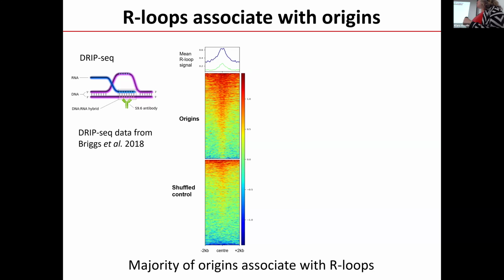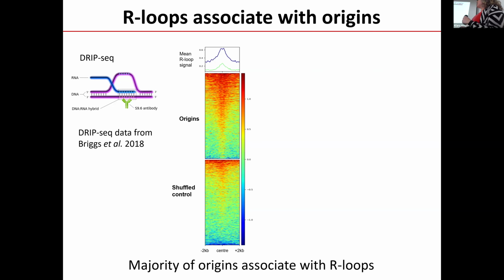We also looked for the association of R loops around our origins. R loops are structures where you have an RNA fiber hybridizing with one strand of the DNA double strand, and the other strand is displaced. These structures can be found throughout the genome, and they're very often associated with transcription.